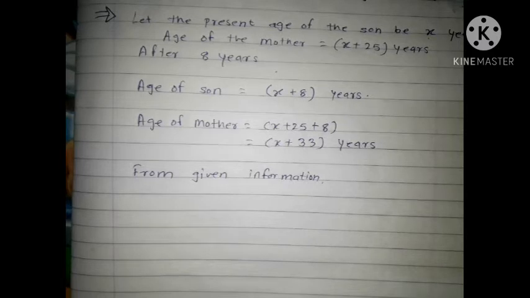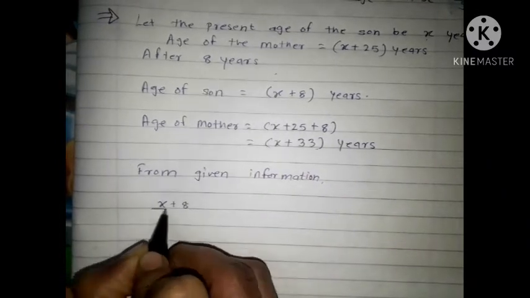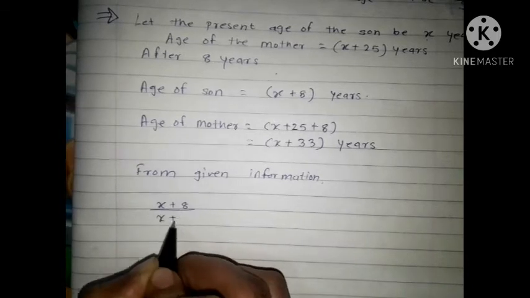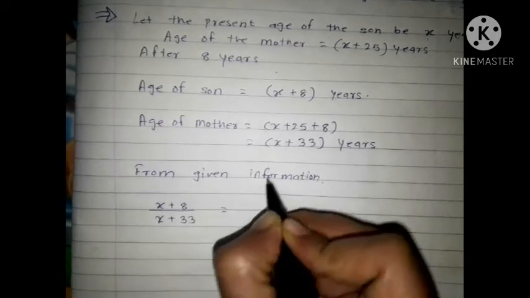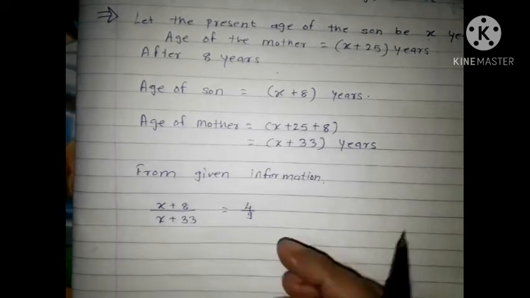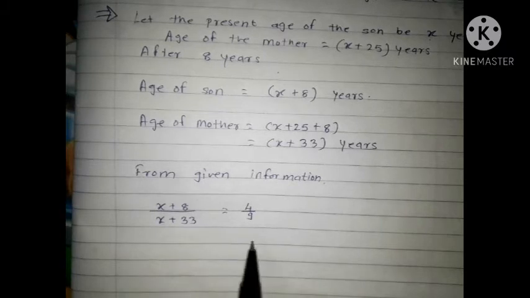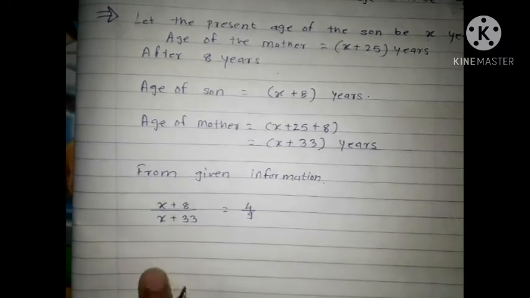After 8 years ratio of son's age to mother's age will be 4/9. Son's age is x plus 8. Mother's age is x plus 33, and the ratio will be 4/9. This is already given in the problem. We put it in the equation in one variable form.